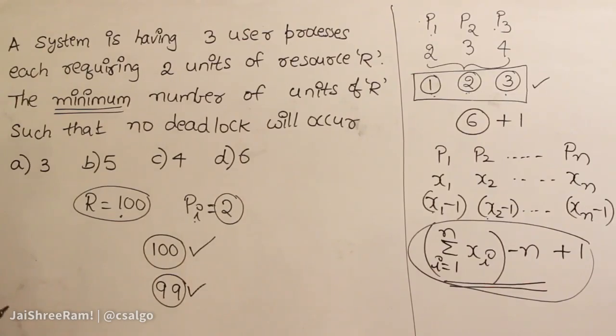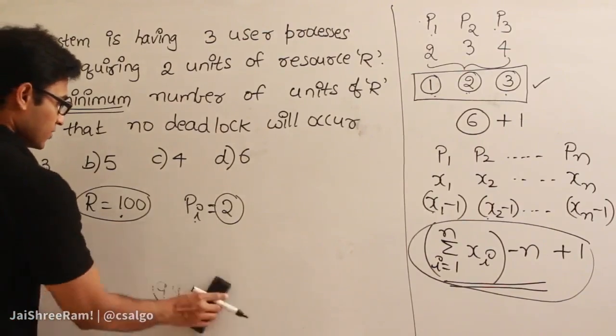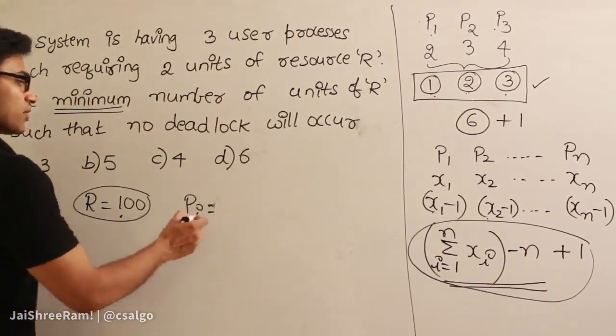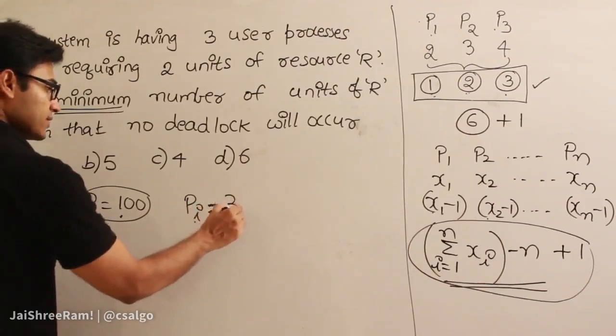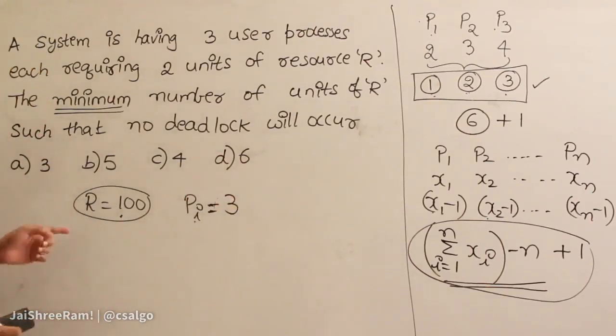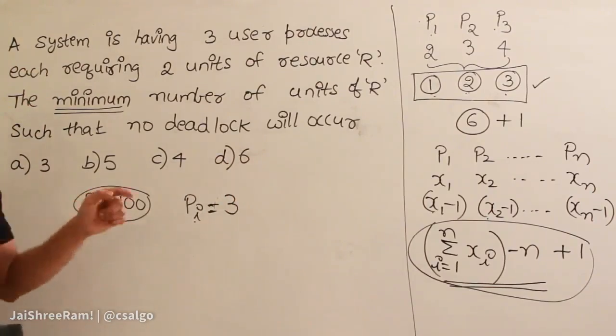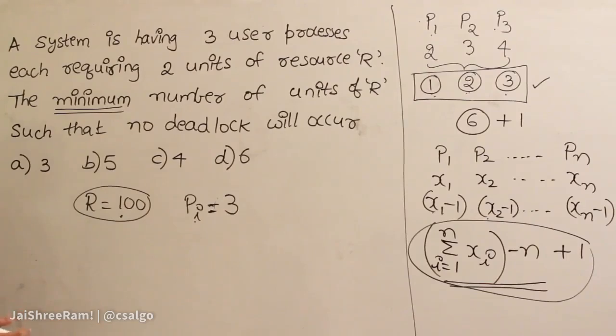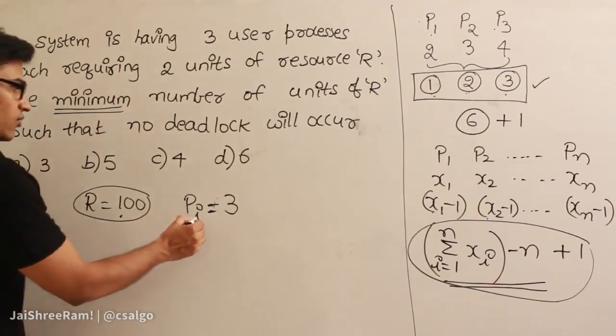Okay, I don't know whether you got it or not. Let's do one more. Now let us say the number of resources R is 100, and each process requires 3 instances each. Then how many processes are required at minimum so that there will be a deadlock? If there has to be a deadlock, what should happen?